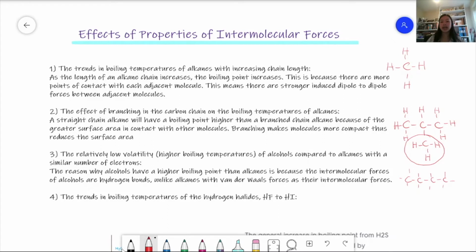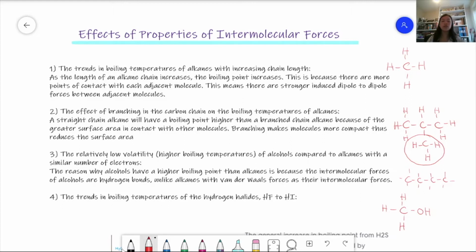Number 3 is the relatively low volatility of alcohols compared to alkanes with a similar number of electrons. Alcohols have an OH bond. For example, you could have methanol that looks like this. This is an example of an alcohol.